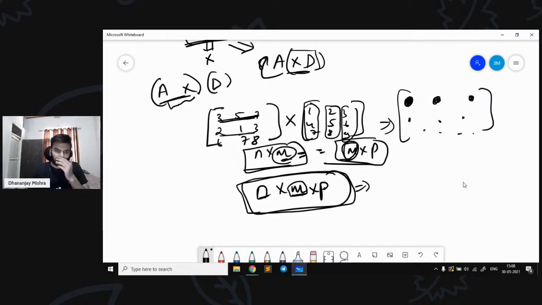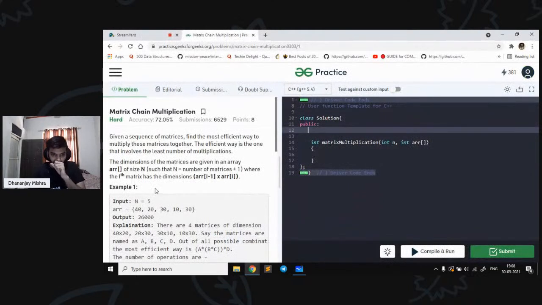After understanding what is meant by the cost, we will learn about how these matrices are denoted in the form of an array. It said that we are given a sequence of matrices, so they are given a linear one-dimensional array, and the matrices are denoted in that.